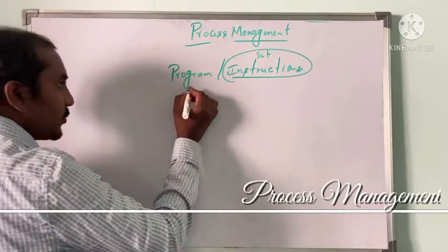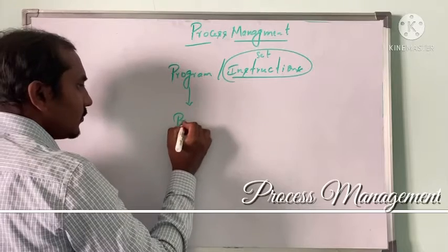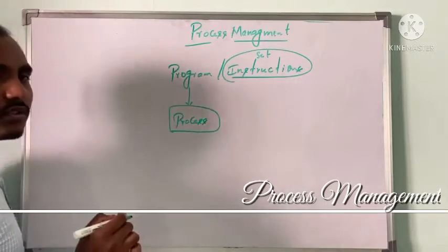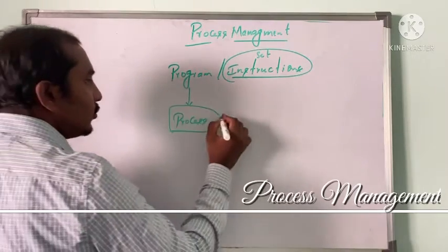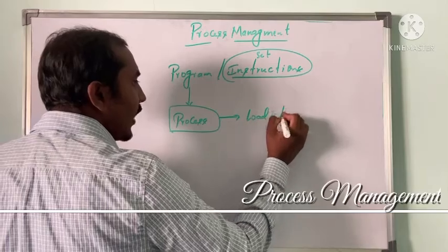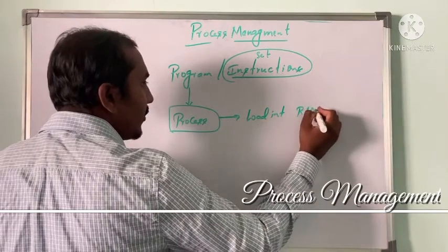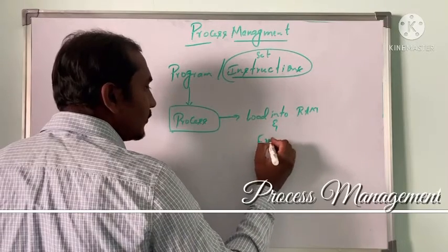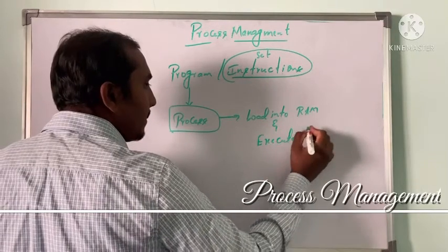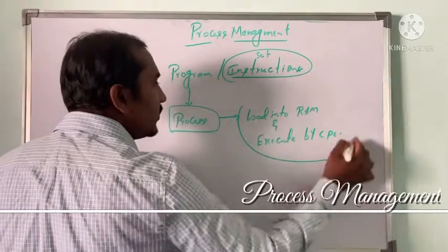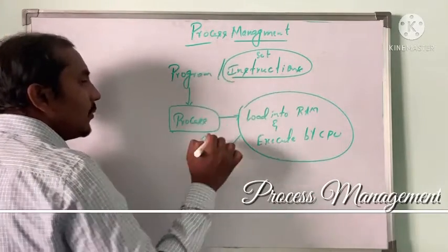Now, when will this program convert into a process? Once this program is loaded into RAM or into memory and it is executed by the CPU, it is considered as a process.